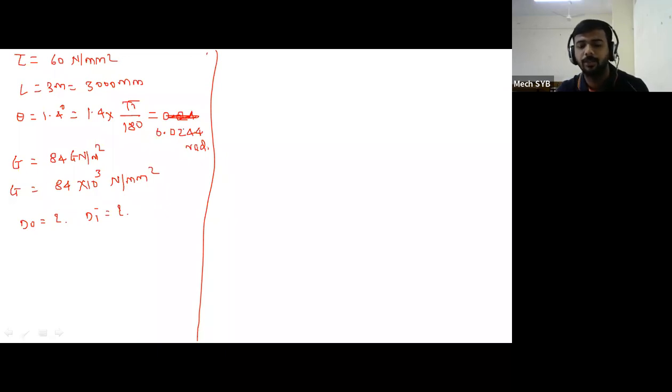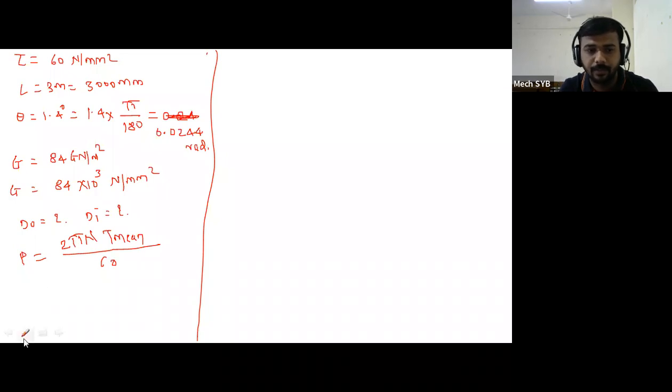Now our first step is we have to calculate the T max value separately and T min value separately because their relations are given. So first value we have to take as a T min and we have to calculate from power P is equal to 2 pi n T min divided by 60. So put the values and tell me the value of T min.